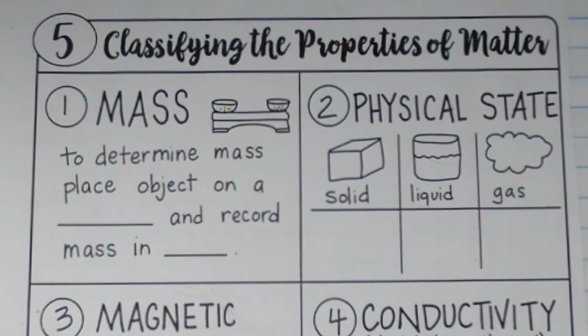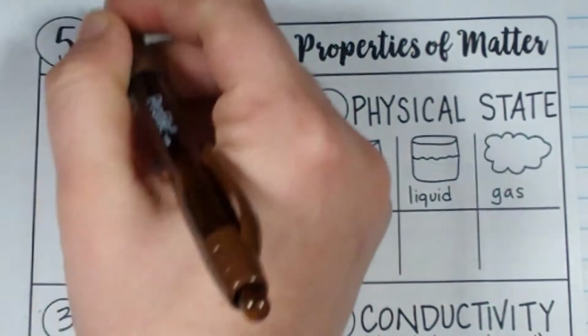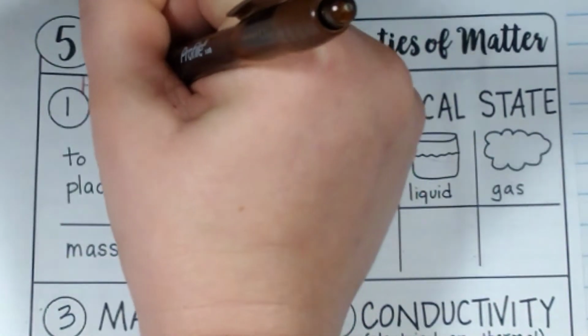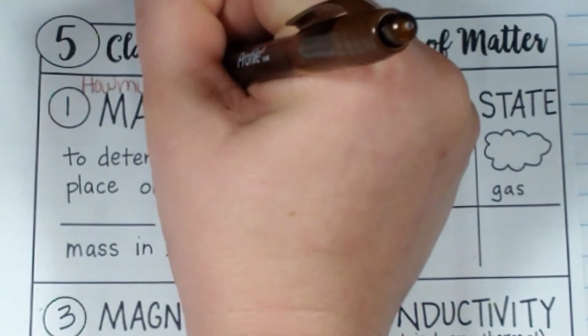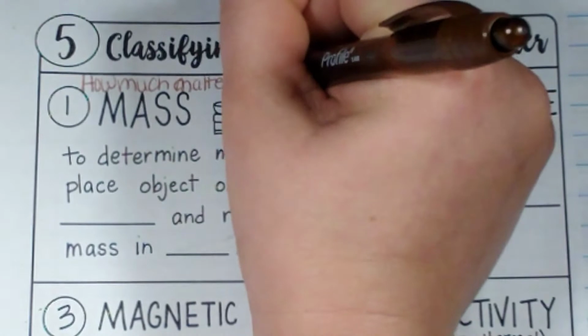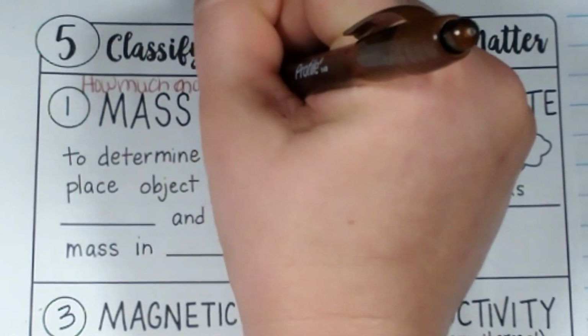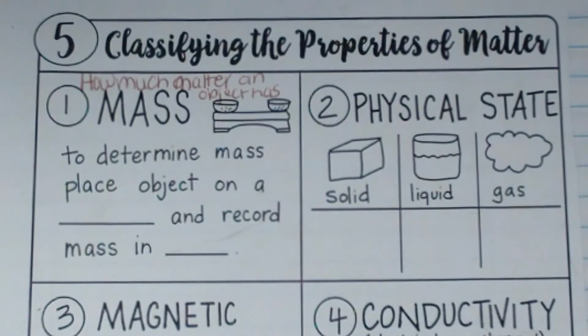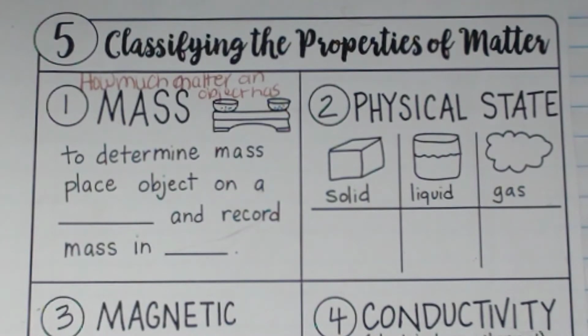All right, when we're talking about mass, we are talking about either mass or volume, okay? So volume is how much space something takes up. How much matter an object has is, see if I can get a darker pen here, mass.